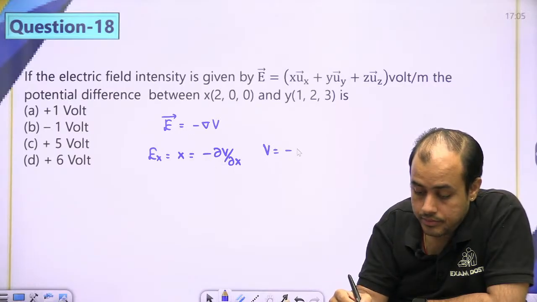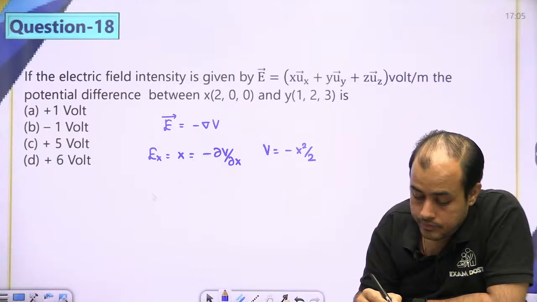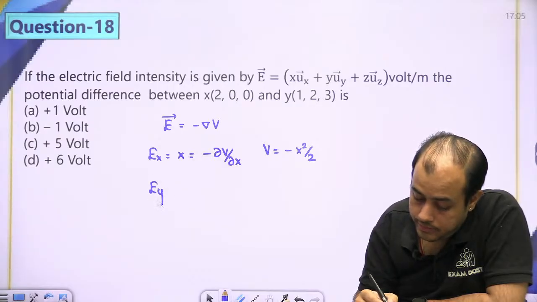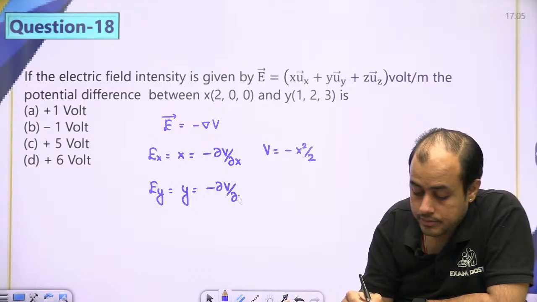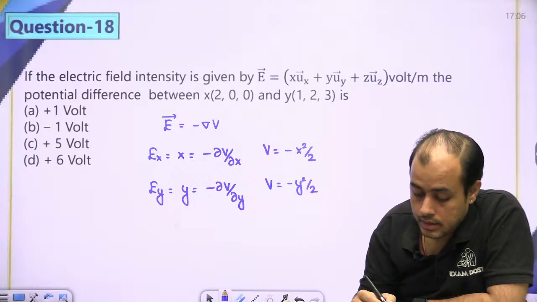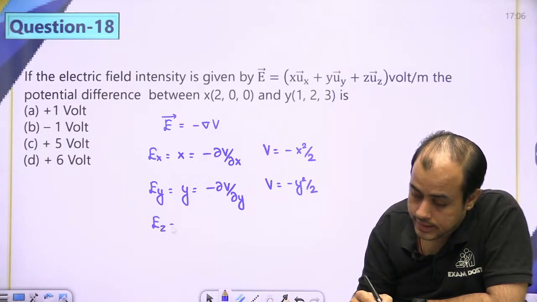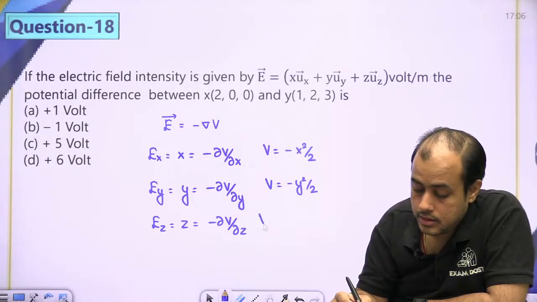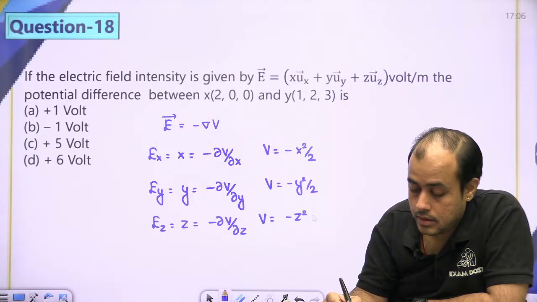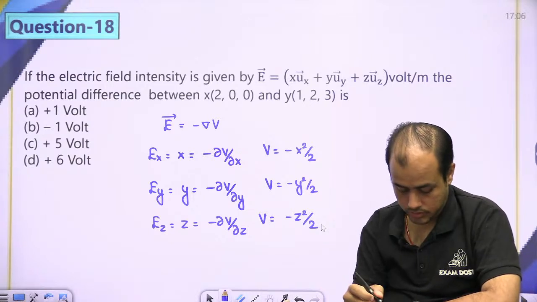So V will be Ey, which is y, minus del V by del y. So V will be Ez, which is z, is minus del V by del z. V will be minus z square by 2.